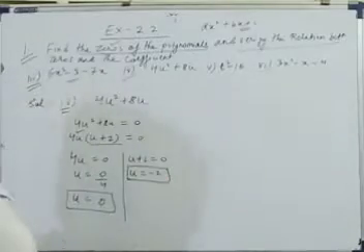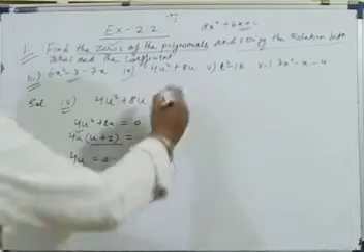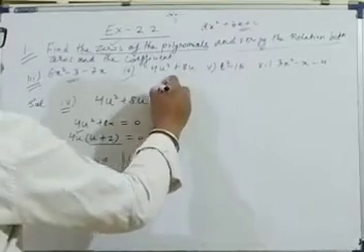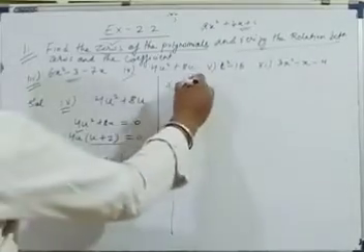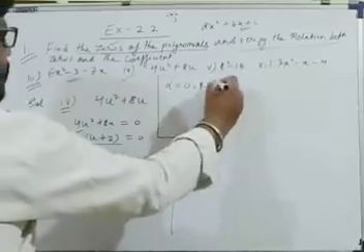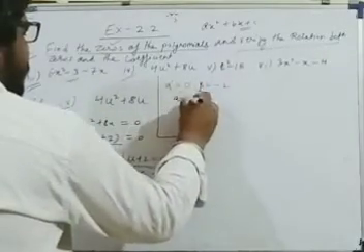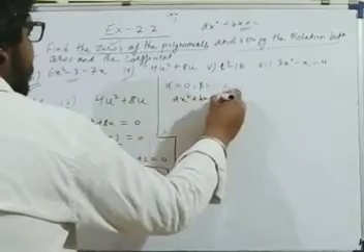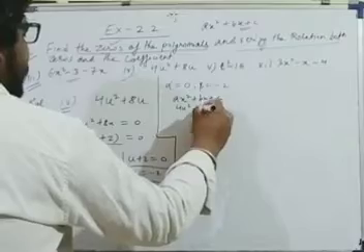So we have 2 zeros, one is alpha and another is beta. We can take alpha equals 0 and beta equals minus 2. Next, write the standard equation, ax square plus bx plus c. The given equation is 4u square plus 8u.